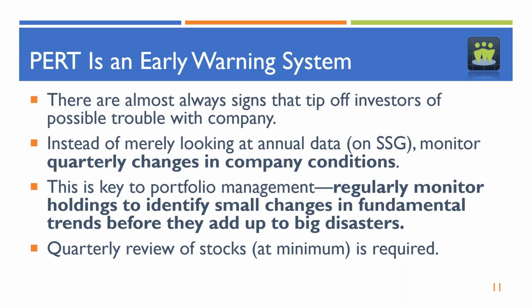So there are a lot of elements that you don't get to see when you look at an annual viewpoint that are really important once you are the owner of a particular company. So this key to portfolio management, regularly monitoring, is the objective of this PERT and portfolio review system.